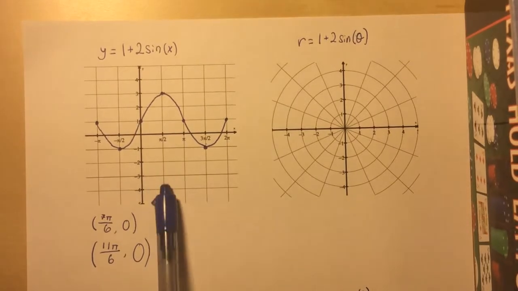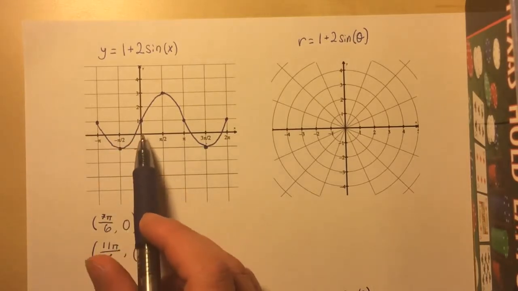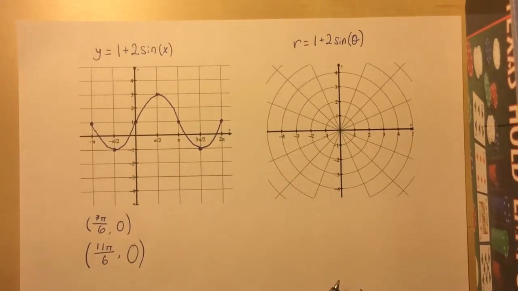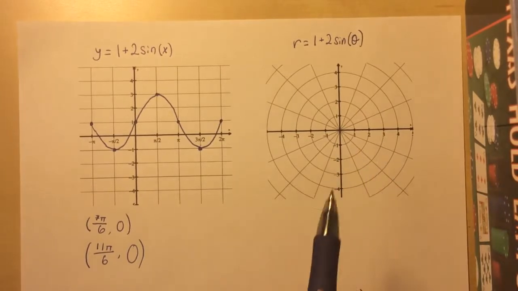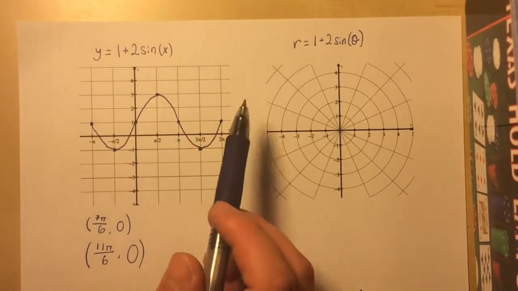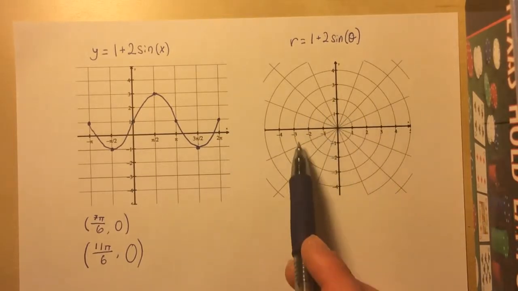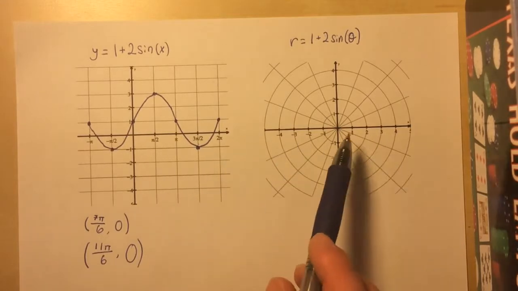So let's start at x equals 0 here. At x equals 0, we have a value of 1, okay? So we're going to plot that on the polar coordinates. Instead of x, we're now talking about theta. Remember that in polar coordinates, we have 360 degrees, or 2 pi radians, and we're going to be graphing in radians.